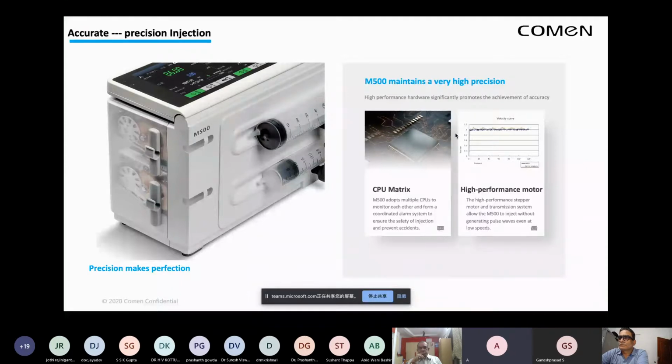So this is the machine that guarantees stable and accurate injection.